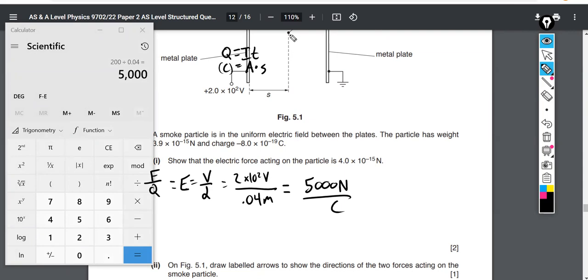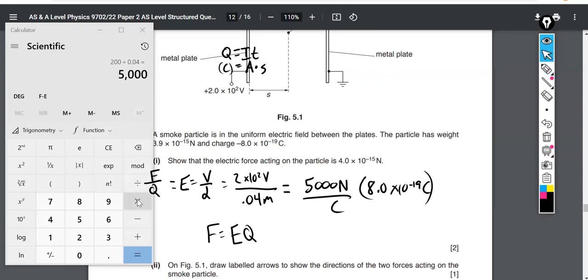We don't have a whole Coulomb of charge in our electric field. We've only got 8.0 by 10 to the negative 19 coulombs. And so we multiply the electric field strength, which really tells us the amount of force acting on unit charge, by the actual charge that we've got there. Then we're going to solve for the force on the particle. So the force is just E times Q, and E is 5,000 newtons per Coulomb, and Q is this.